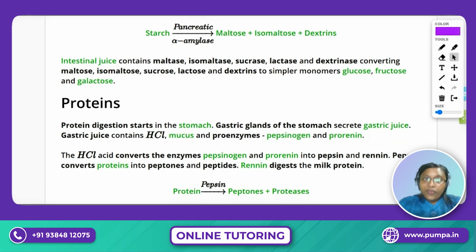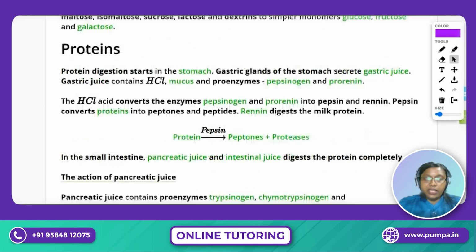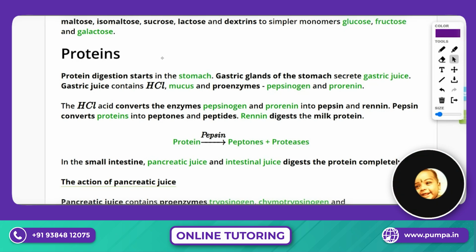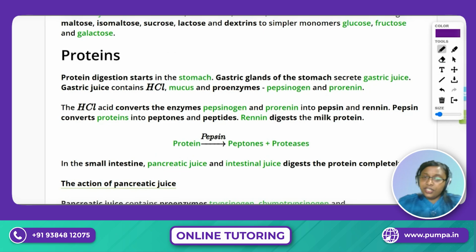Before that you should know two important things. Protein digestion, and before that, name any food which is rich in protein. Fish, very good. Chicken. Egg. Meat, fish, egg.